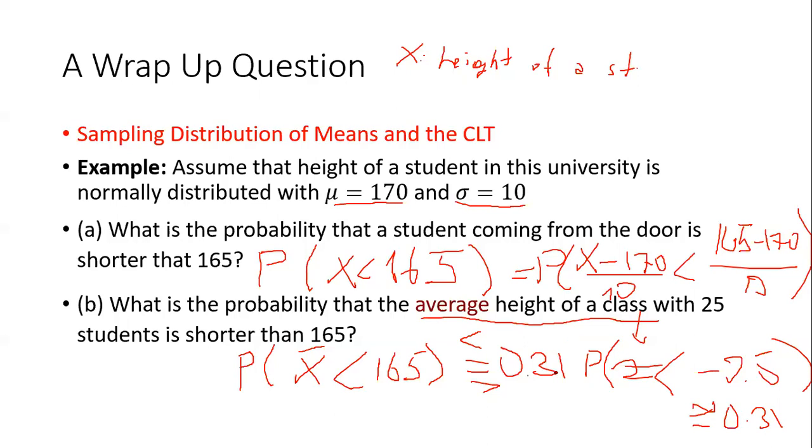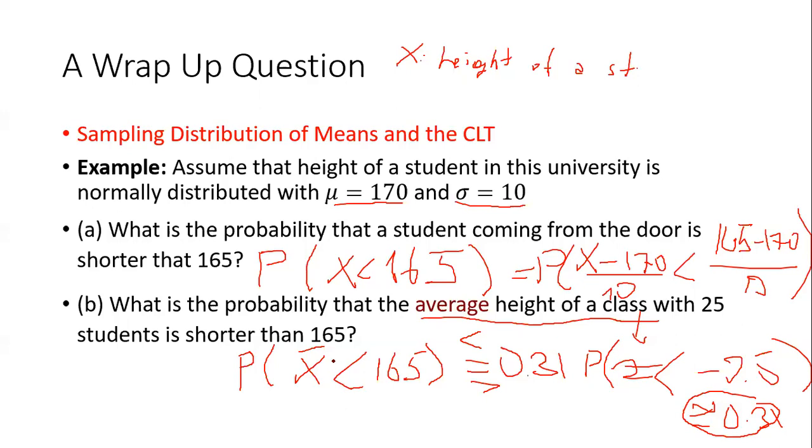Okay, just think of this. The distribution of the height of the students has a mean of 170. So the probability that a single student is less than 165 is 0.31. This is the probability that we have found. Now the next question asks, what is the probability that the average of 25 people is less than 165?